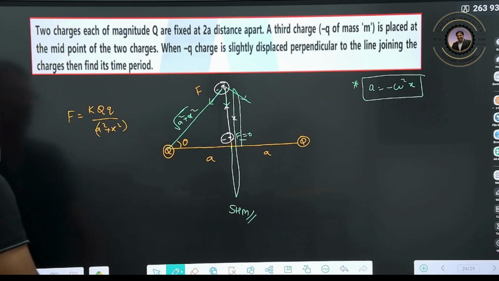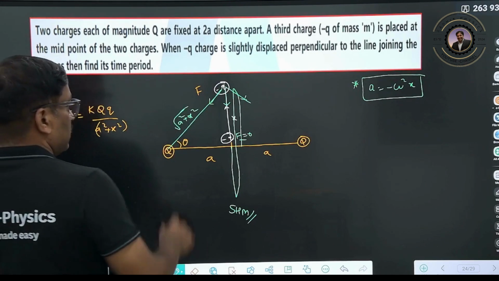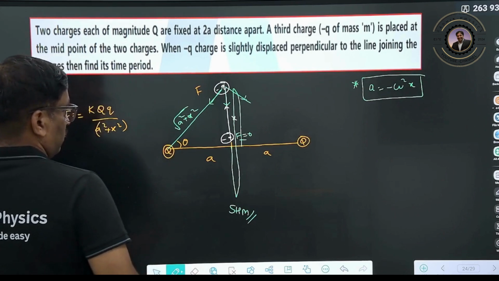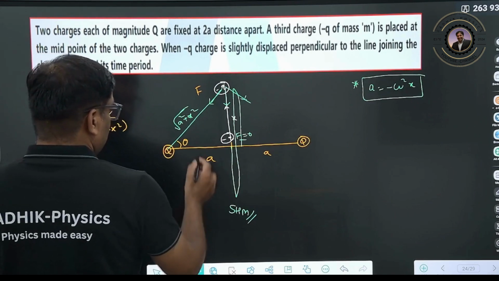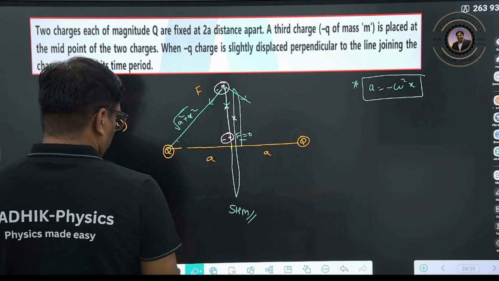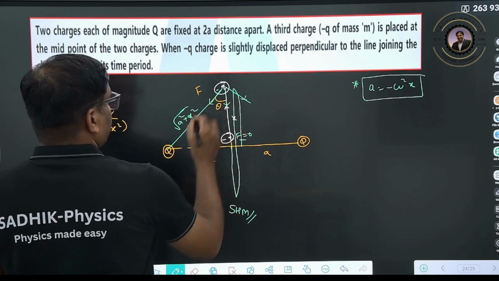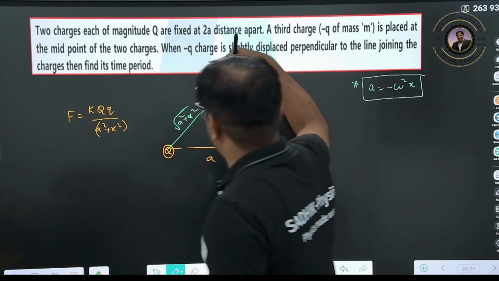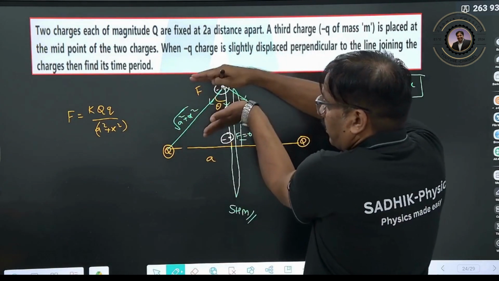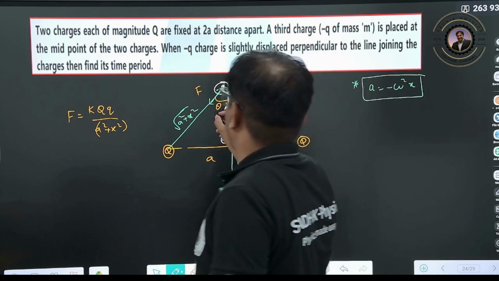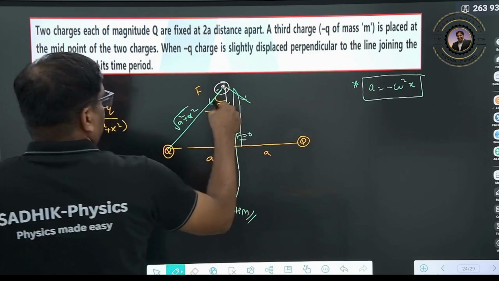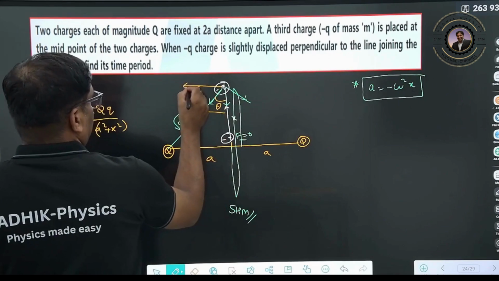Root means whole square gets cancelled. Therefore this is theta, or you can take it as this instead. So this is your force. Then you can split this one into F sin theta and F cos theta. This side it will be the F sin theta.